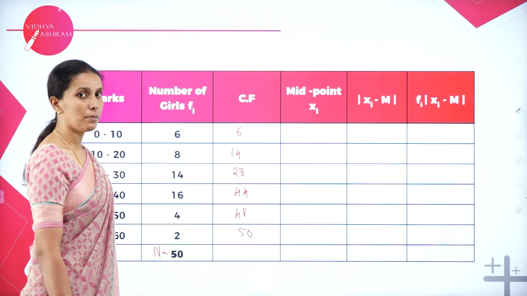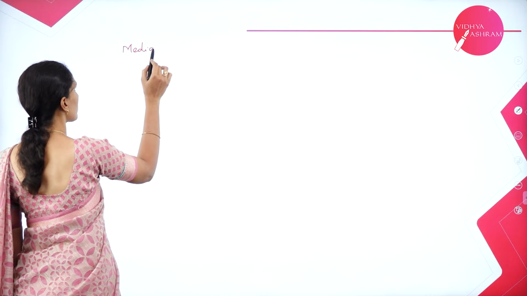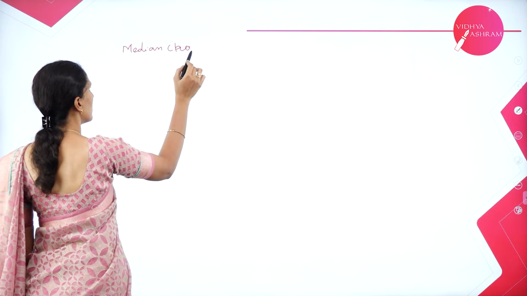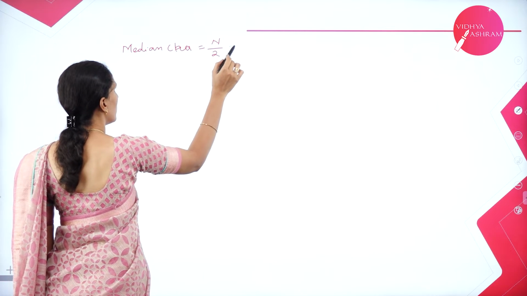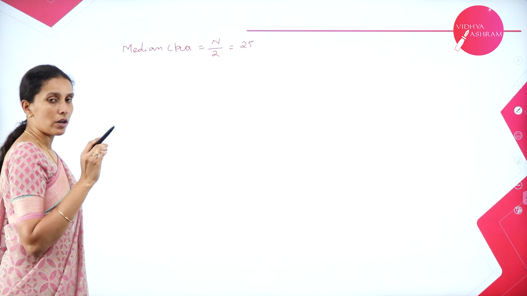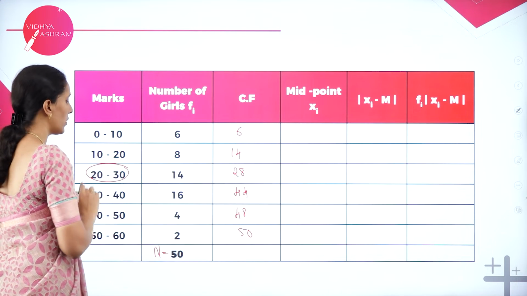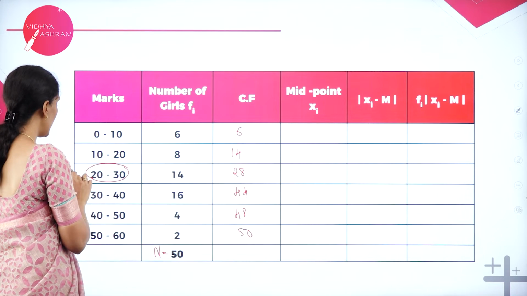So now let us find the median class. n by 2 is 25. Where does the value 25 lie? It lies in the interval 20 to 30. So this is our median class.